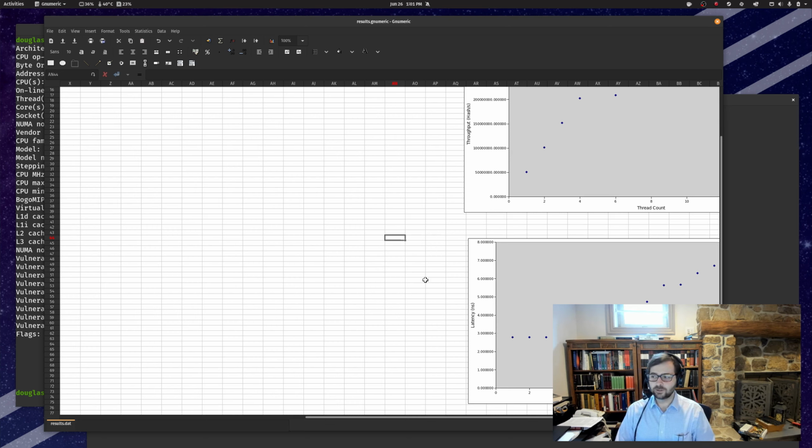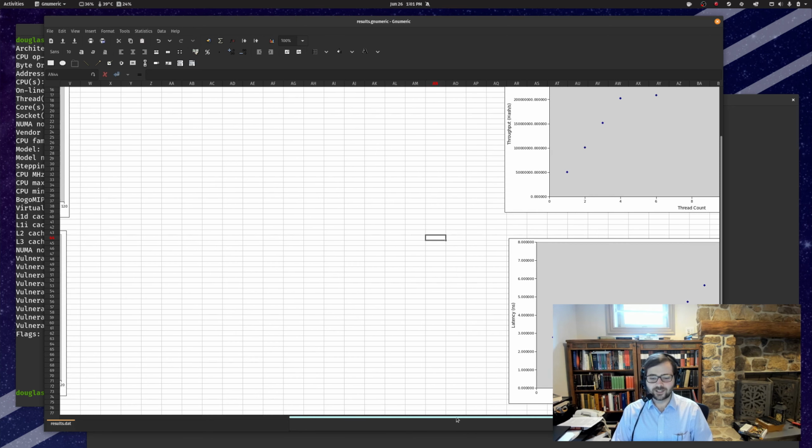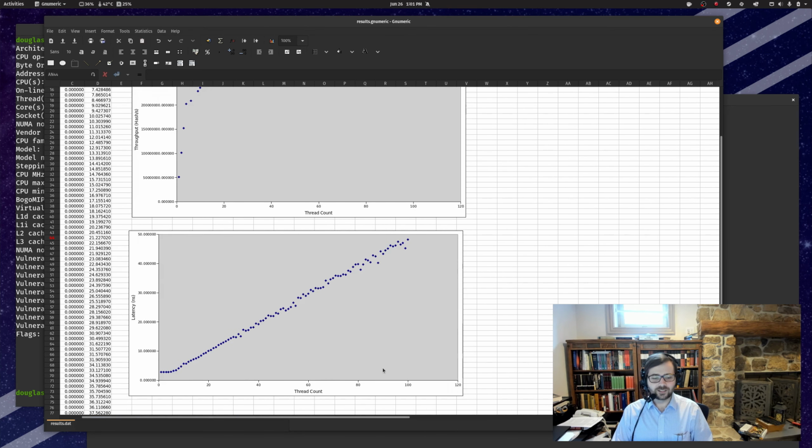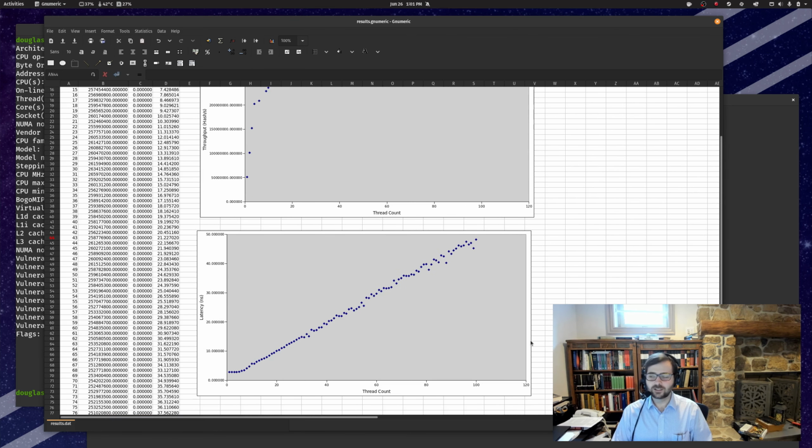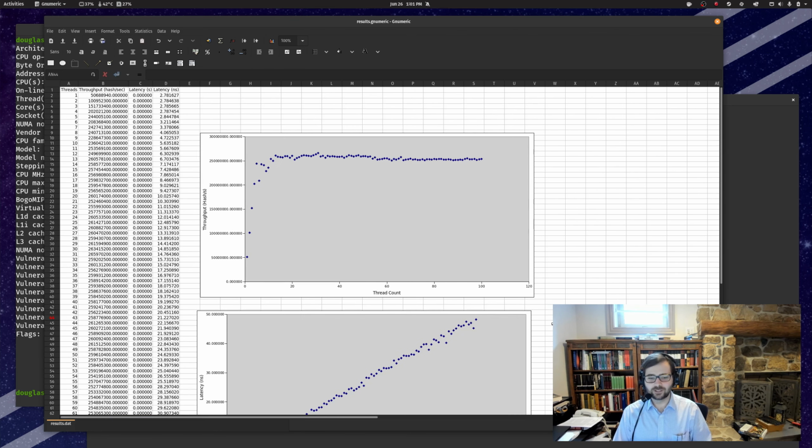There's a computer with a Threadripper 3990X 64 core processor. So I'm going to, I think, run this same set of benchmarks and whatnot up on that computer and see what the graphs look like when there are 64 cores. See if we still get that nice linear scaling up to here on the graph.